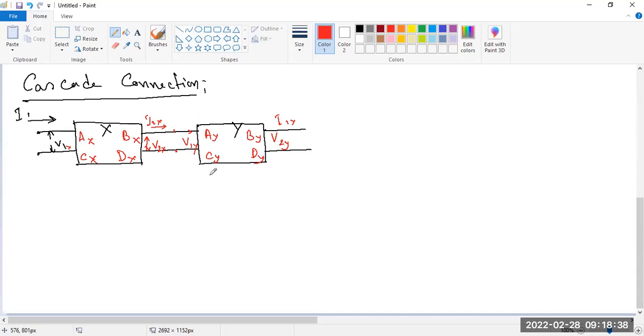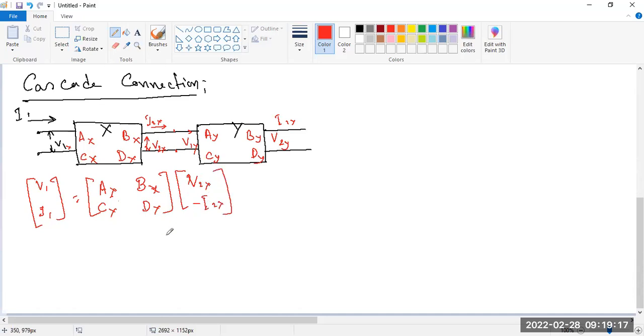In this way we can draw the matrix: V1, I1 equal to the matrix AX, BX, CX, DX times V2X, minus I2X.